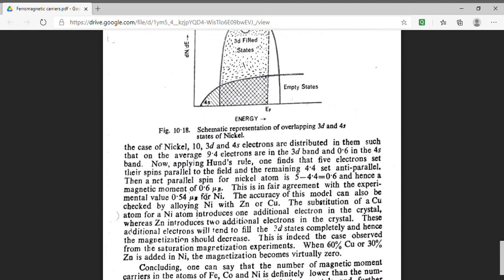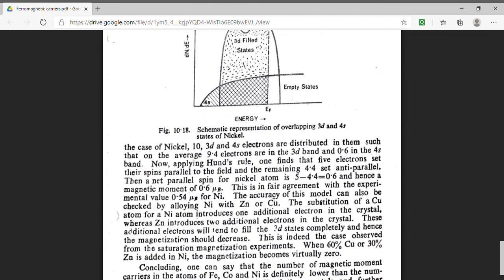If we alloy nickel with zinc or copper then a change in magnetic moment will appear. Addition of copper to nickel introduces one extra electron, whereas when we add zinc, two additional electrons are introduced in the crystal. And these additional electrons, whether it is copper or zinc, tend to fill the 3d shell.